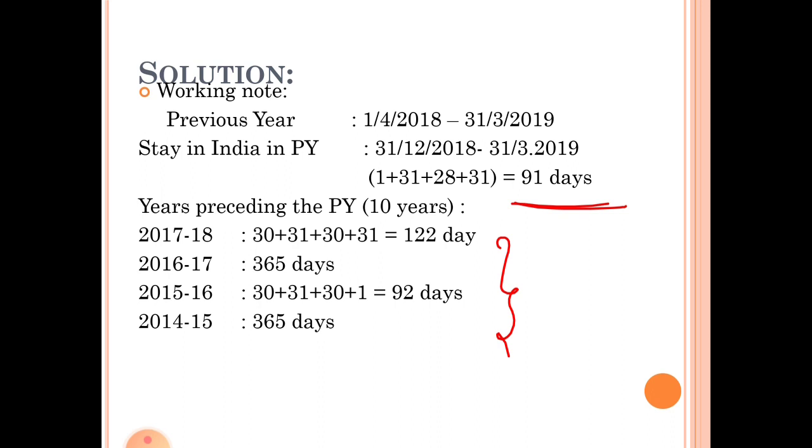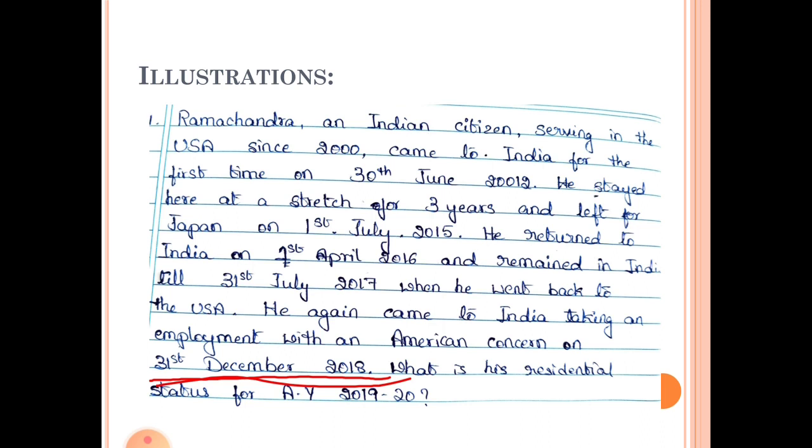So in the year 2017-18 his stay in India is for 122 days. In these types of problems you have to start from the last year in your question.